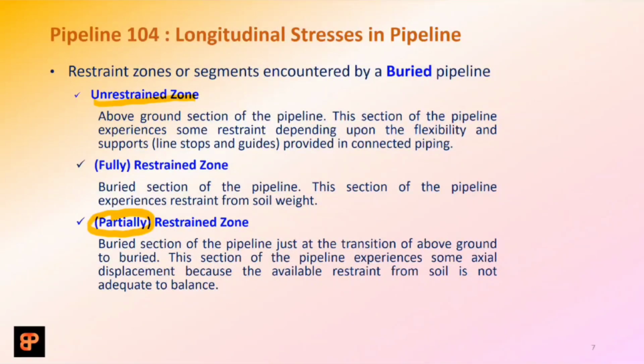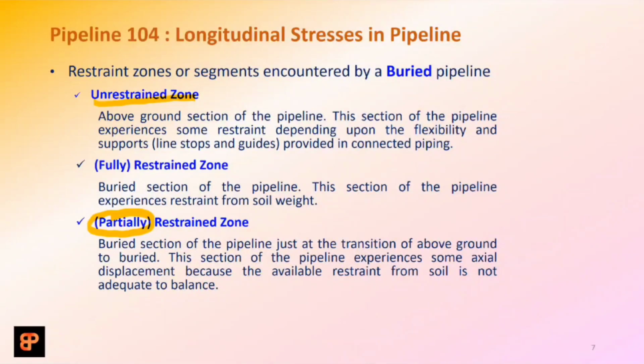As the length of the trench or pipeline goes on increasing, eventually the weight of the soil balances the longitudinal displacement of the pipeline, which is the fully restrained zone. But initially, for a certain distance, the weight of the soil is not adequate to provide a complete fully restrained zone, and that is called the partially restrained zone. The transition point where the partially restrained zone converts to the fully restrained zone, where the displacement becomes zero, is called the virtual anchor point.